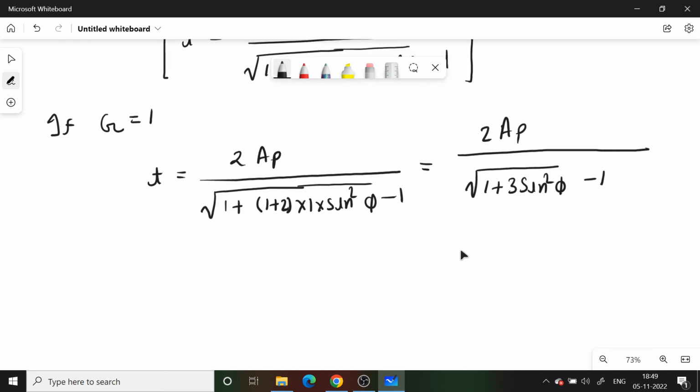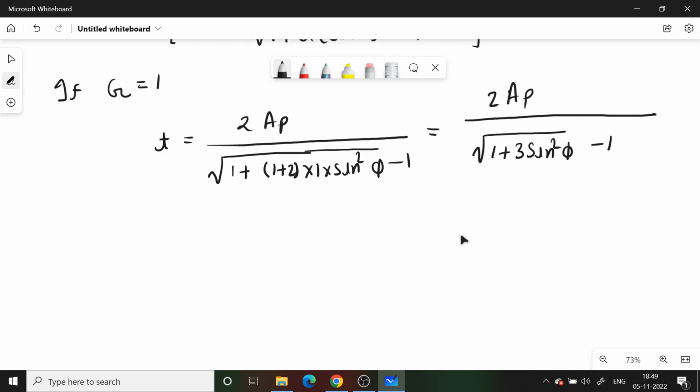Okay, so the minimum number of teeth on the pinion which will mesh with any gear without interference is given by the above equation.